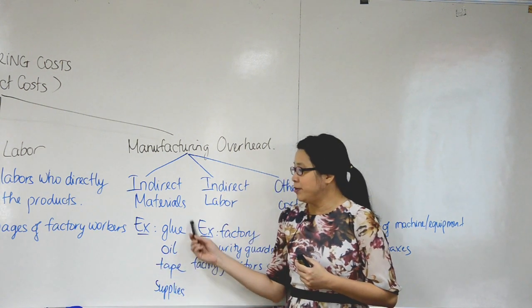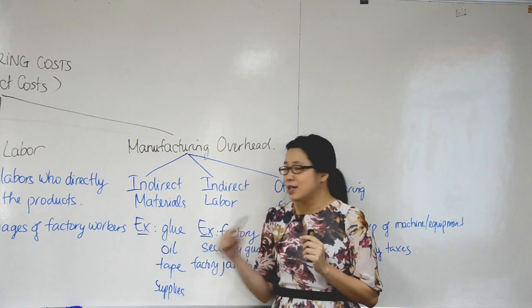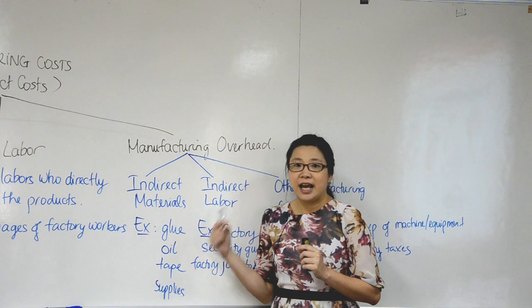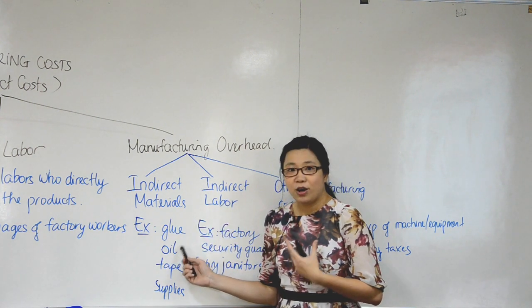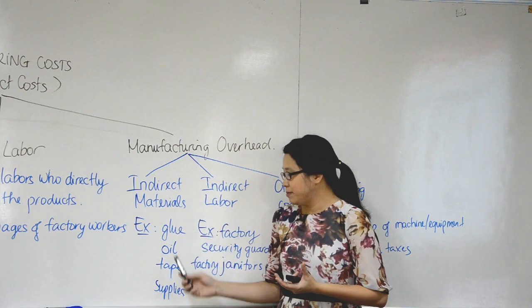For example, when you have some super glue inside the products, the cost of the super glue we say is indirect materials. Or the cost of the oils or lubricant in the products, it will be indirect materials.